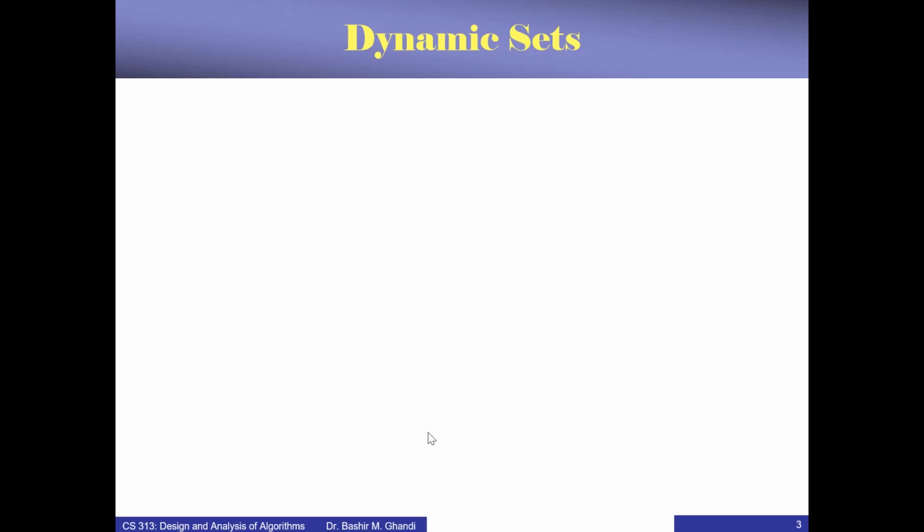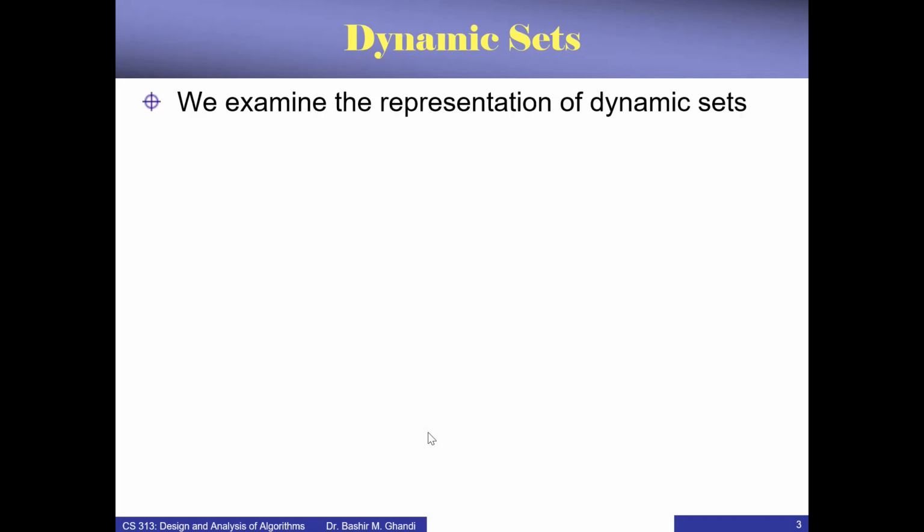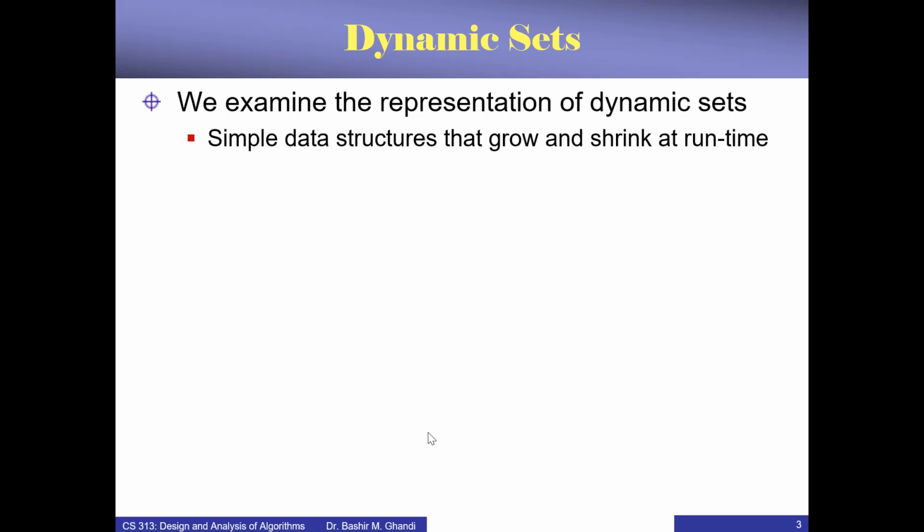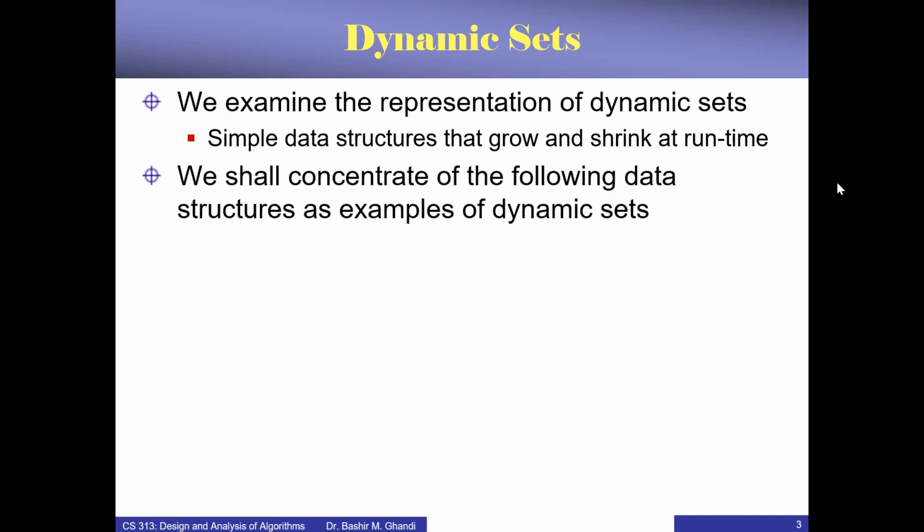Okay, so let's get started. Dynamic sets. We examine the representation of dynamic sets in this lecture. These are simple data structures that grow and shrink at runtime. This is why they are called dynamic sets. They grow and shrink at runtime. We shall concentrate on the following data structures as examples of dynamic sets.